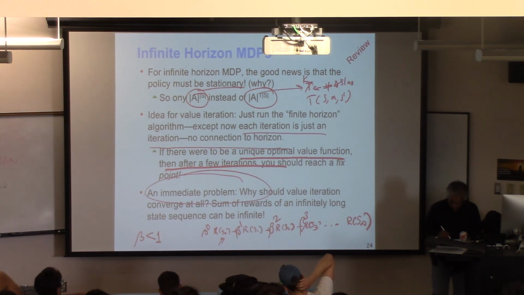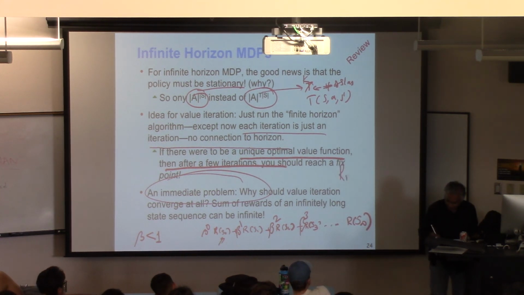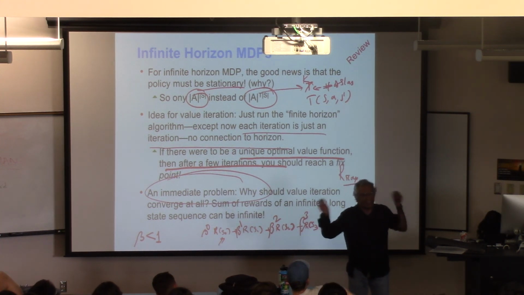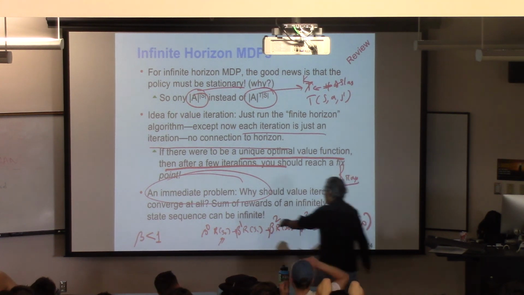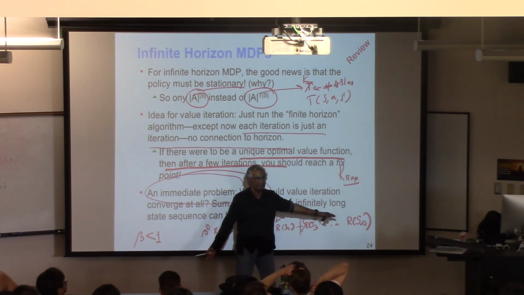If you do this, among all these R values, let's say R max is the maximum reward that you can ever get in any of the states in the world. So that means you don't know all these numbers, but all of them have to be less than or equal to R max.